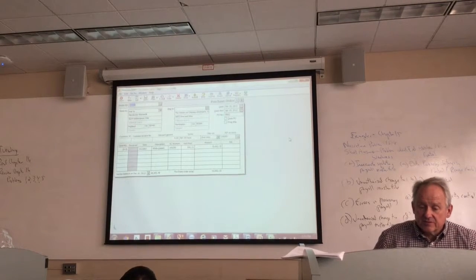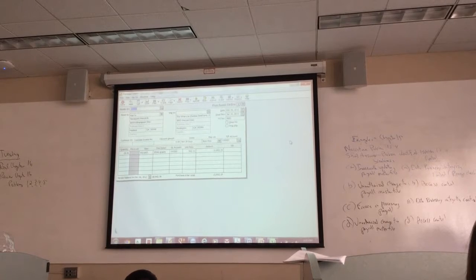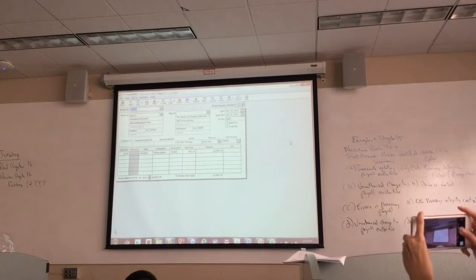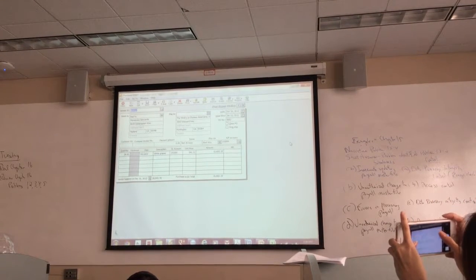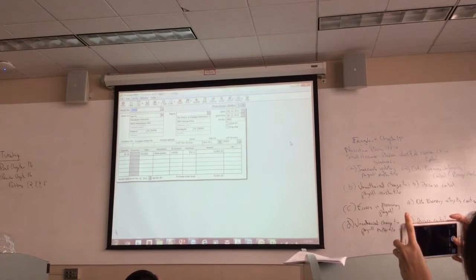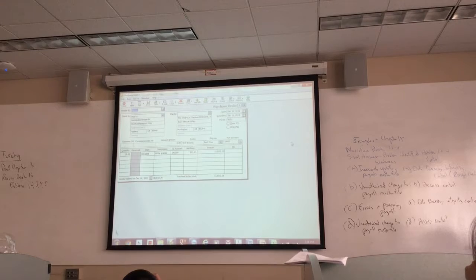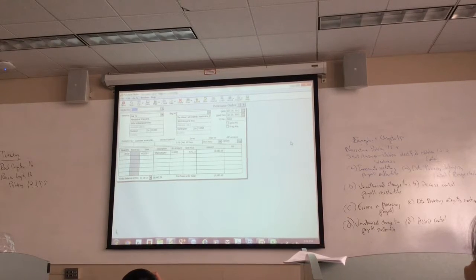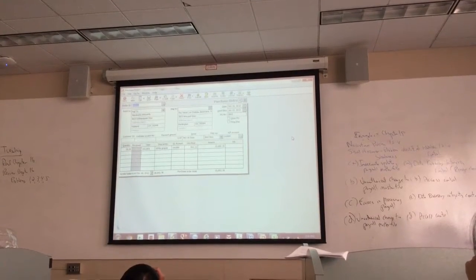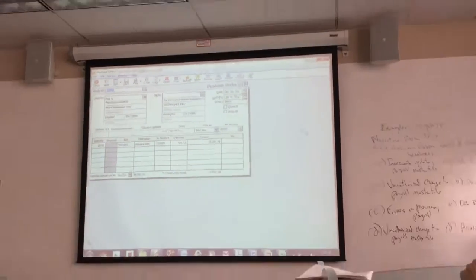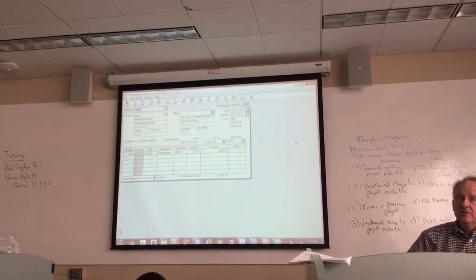So here's your picture. About 3 or 4 keystrokes with the purchase order number and the date. And you're fine. No surprises on that one.